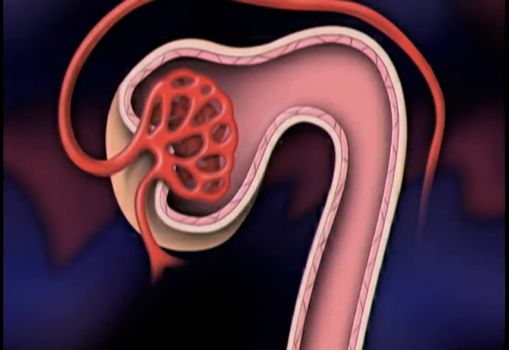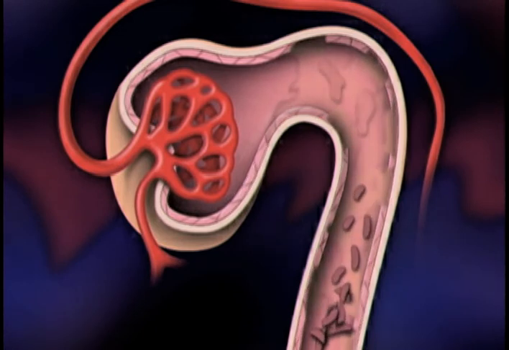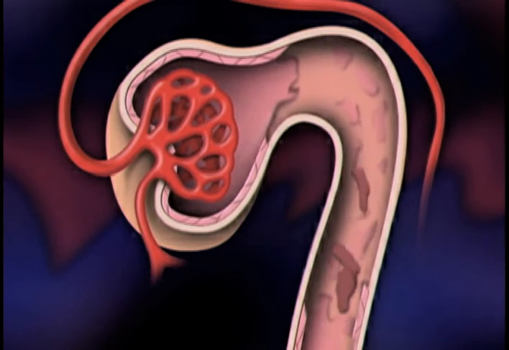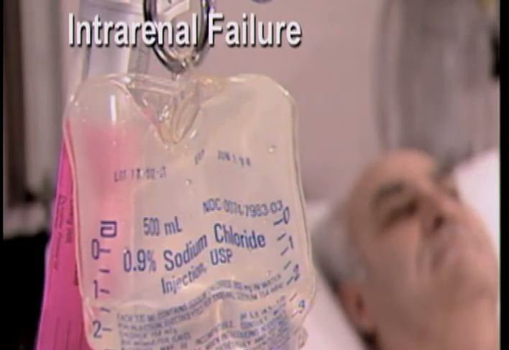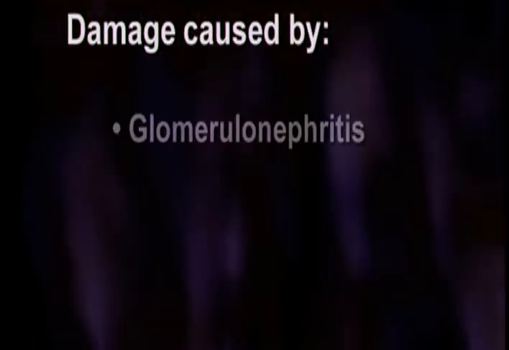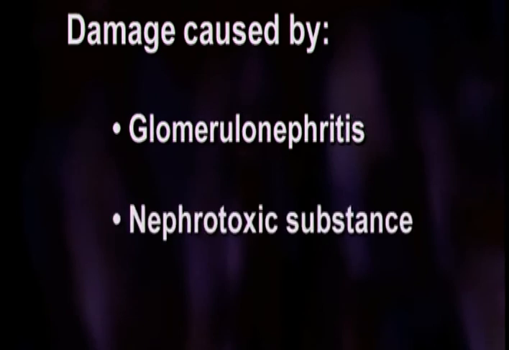In the tubular system, ischemia damages the epithelial lining, causing it to slough off in a syndrome known as acute tubular necrosis, or ATN.